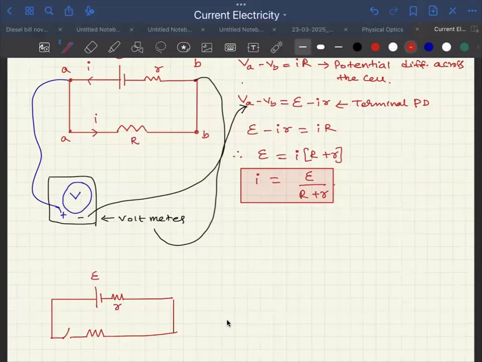Will there be a current in this circuit now? Am I audible? Someone please confirm. Yes, sir. Thank you. Now, since the key is open, will there be any current that flows through the circuit?